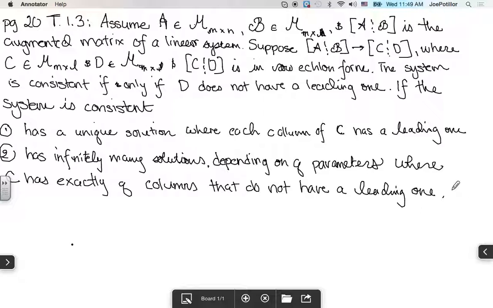Okay, so it's a lot of fancy verbiage. Okay, let's translate that into practical English. What that means, it doesn't matter how many. Let me visualize the matrix for you.